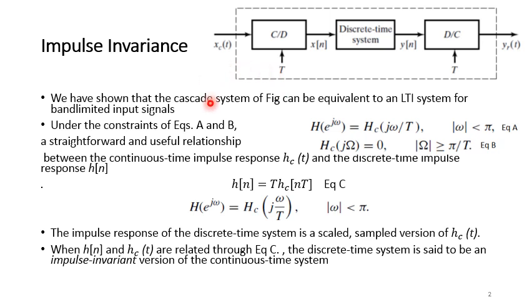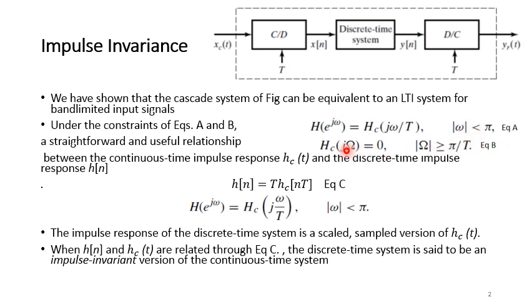So we said that the cascade system of this figure is equivalent to an LTI system for the case of band limited input signals. In this case we assume two constraints, equation A and equation B. We said H of e^{j omega}, the discrete time system response, equals Hc(j omega / T) when absolute omega is less than pi.